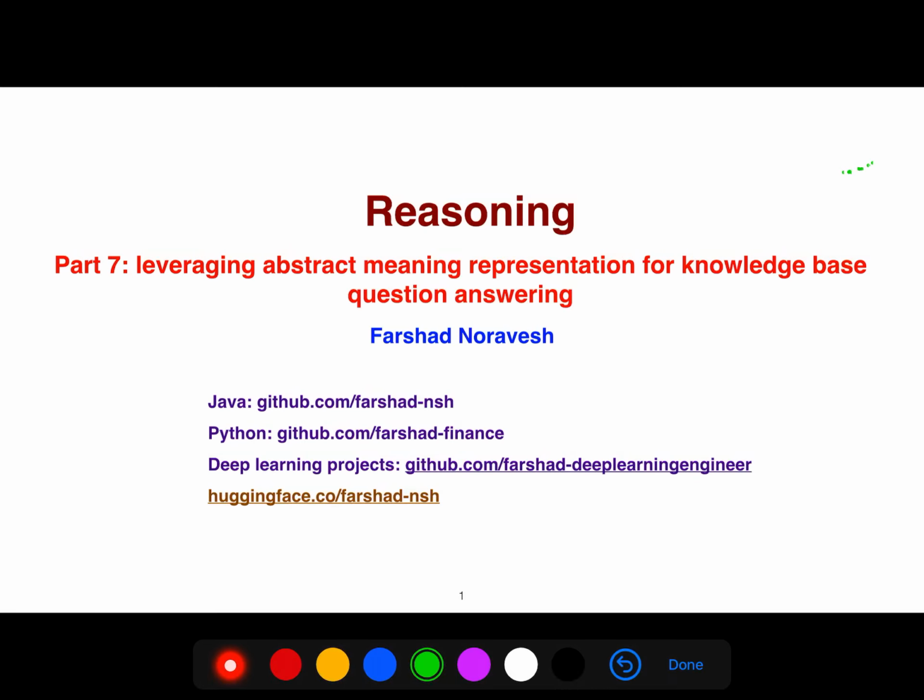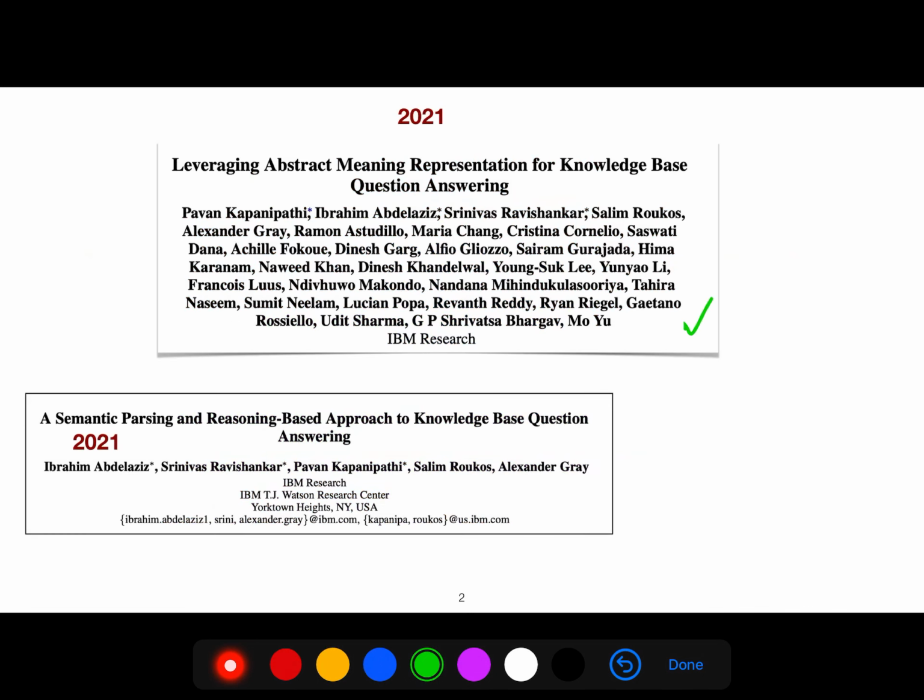Alright, so I'm gonna be talking about a very important article from IBM, this one in 2021, Leveraging Abstract Meaning Representation, AMR, for knowledge-based question answering. And this article is really similar to the article in 2021, so I don't repeat it.